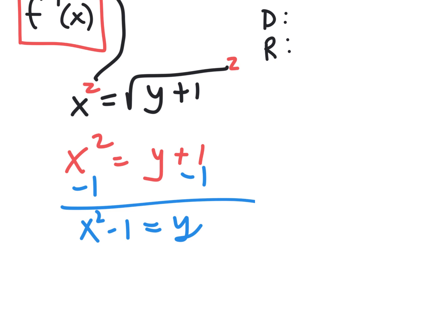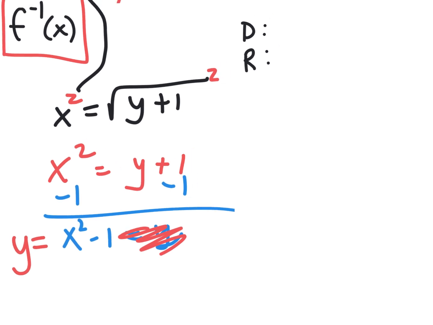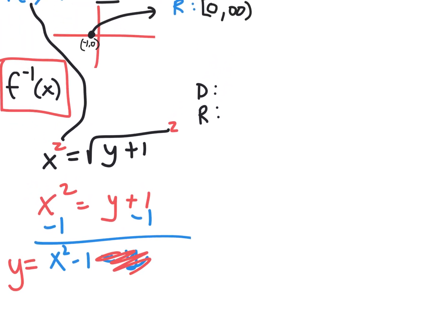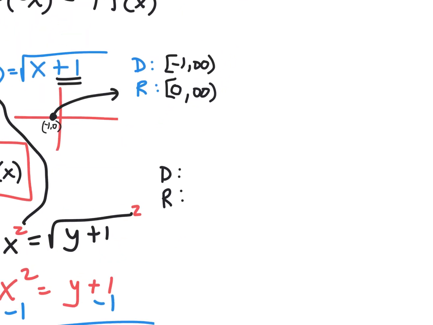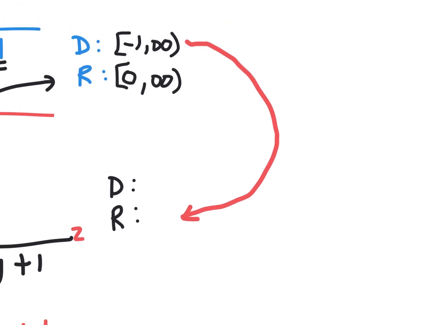Now, you might assume at that moment that I can look at its picture and I'll know its domain and range. But this is one of those where you can't. You have to take the domain and range from this. So your domain becomes the range down here, which was -1 to infinity.